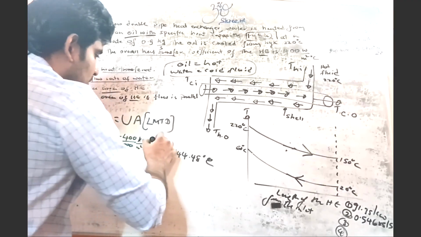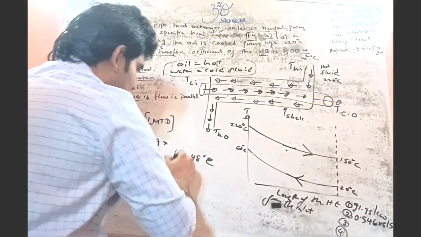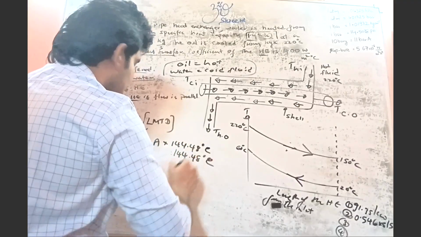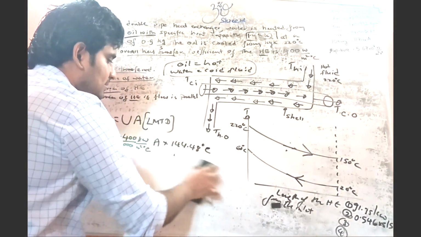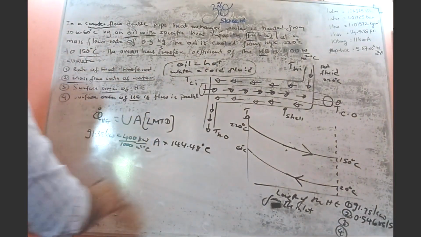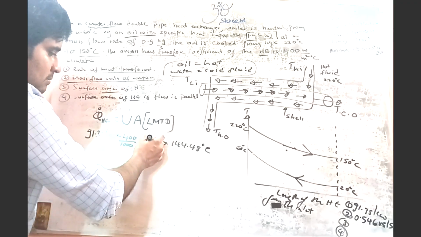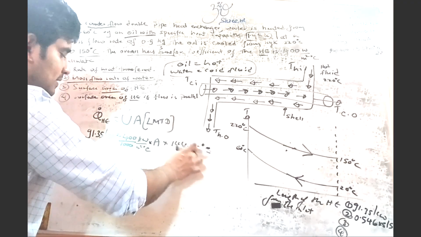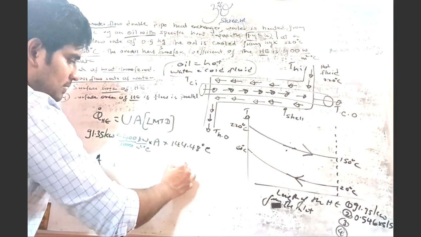Right. So now we have the area, and we have LMTD, 144.48 degrees Celsius, because I wrote the units for your betterment. So if you carefully do the simplifications, 91.35 kilowatts equals 400 divided by 1000 multiplied by the area into the LMTD value 144.48. So definitely the area we will get in meter squared.